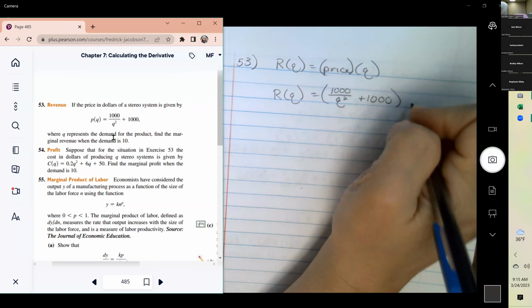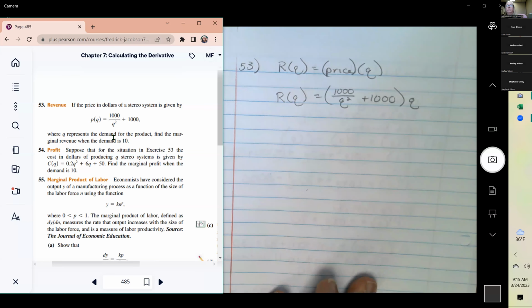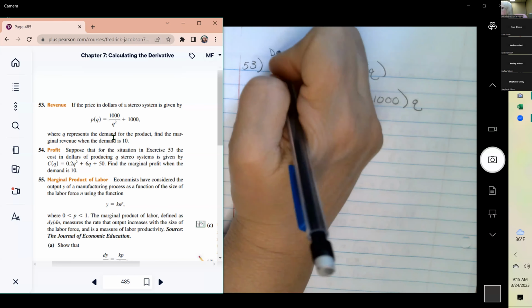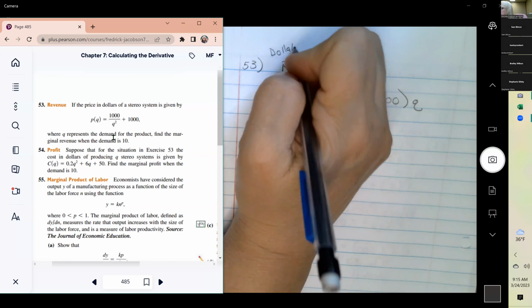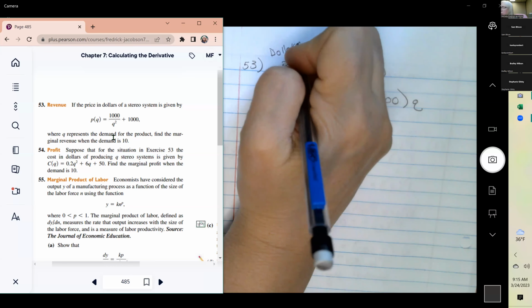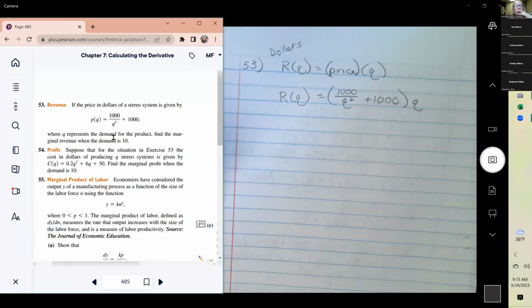That's our price times Q. Revenue was in dollars, since price is in dollars. And Q was the demand for the stereo.